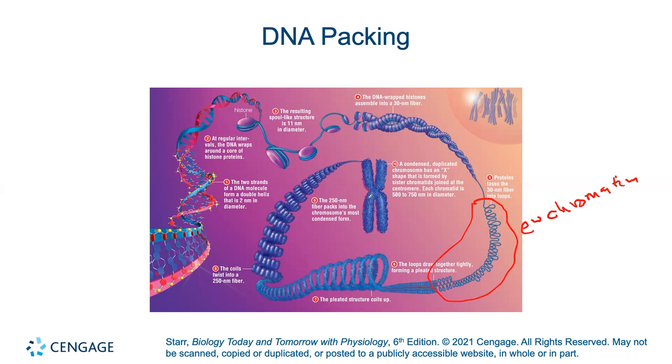With a duplicated chromosome, the information that is here is identical to the information that is over here, right? That's because we've made an entire copy of the original DNA molecule, right? So there it is.